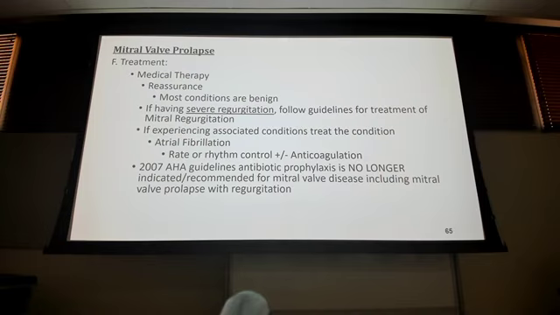So from an infective endocarditis standpoint, we used to give prophylactic antibiotics for this condition. But in 2007, the American Heart Association came out and said you no longer need to give prophylactic antibiotics for patients with mitral valve prolapse undergoing high-risk dental procedures. This is not a condition that warrants those prophylactic antibiotics.